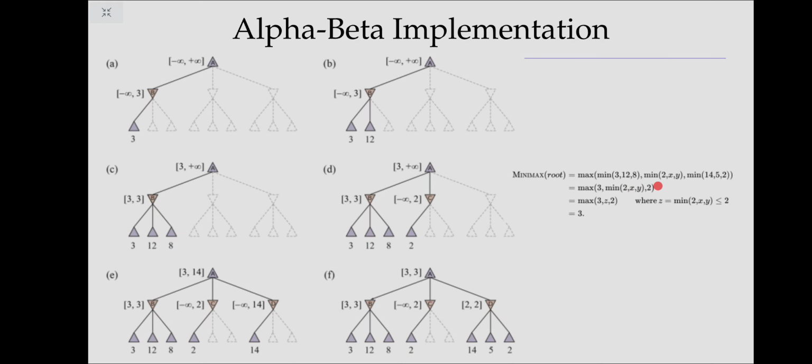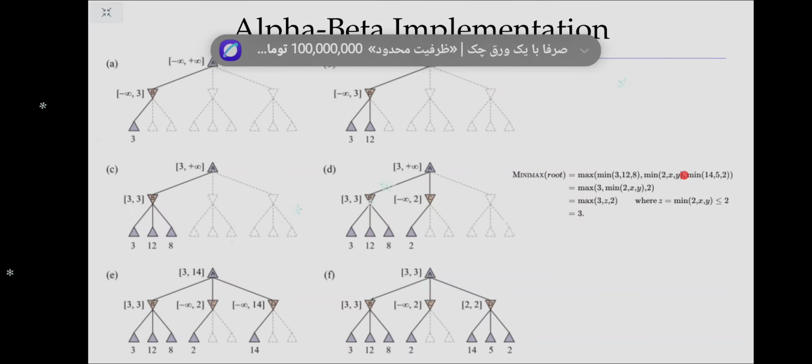X and Y are others, but because 2 is less than 3, the others are pruned. But for the last one, 14 and 5 are better than 3.